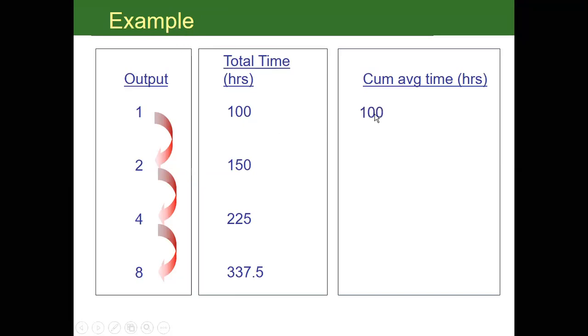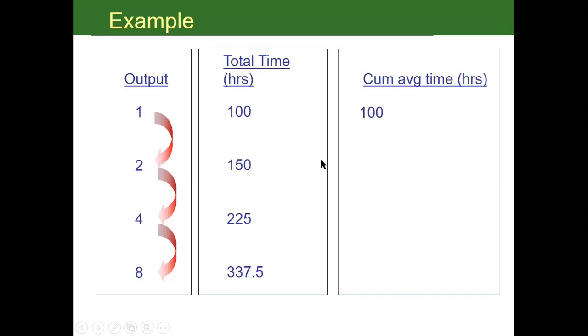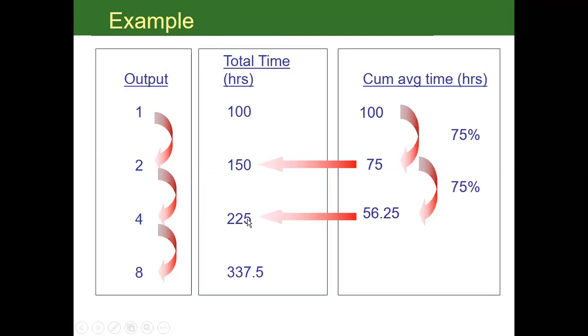The average time here is 100 divided by 1, which is 100, and here the average time is 75, which is 75% of this. The cumulative average time will fall. 75% of 75 is 56.25, and if you multiply 56.25 by 4, it becomes 225. And similarly, it moves on.